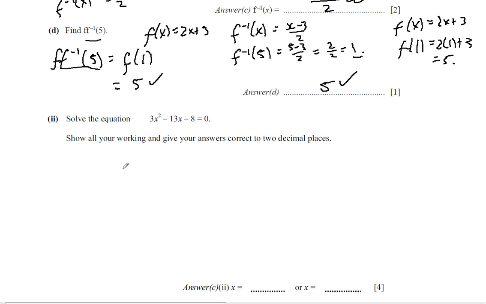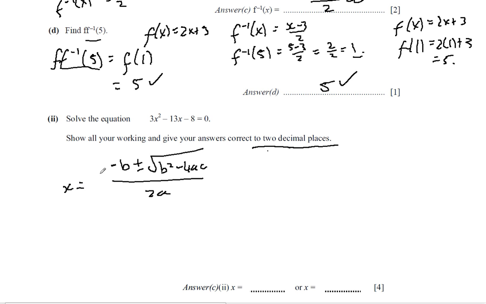Solve the equation, giving your answer to 2 decimal places. There it is again. The quadratic formula is what you need in this case. If you know a is 3, b is negative 13, c is negative 8, I'm just going to write this out for you.